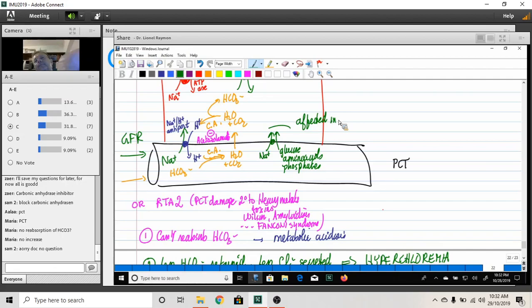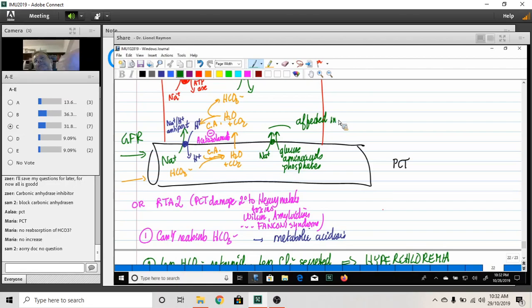Now, not with acetazolamide. Acetazolamide only blocks carbonic anhydrase, but in RTA2 you would have also a deficit in reabsorption of glucose, amino acids, phosphate, hence potentially, for example, the hypophosphatemia that you would see in RTA type 2. So that's why I was telling you, well, at the very least, you don't expect hyper, but hypophosphatemia in that setting.